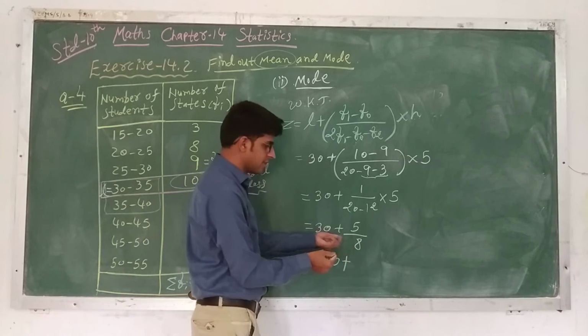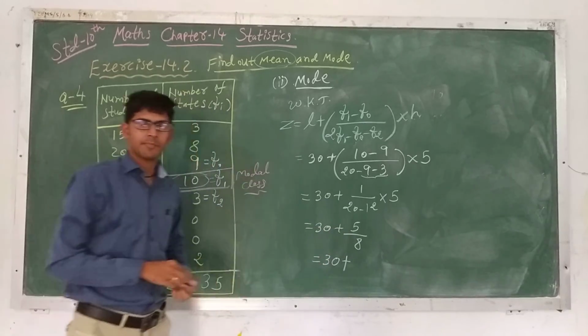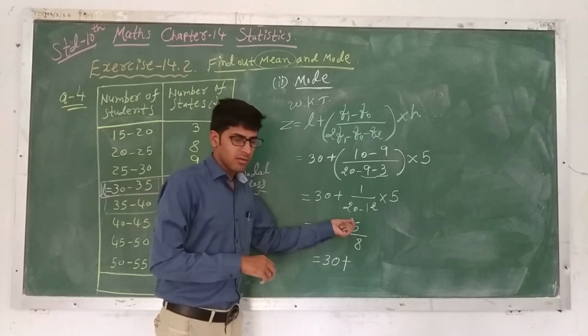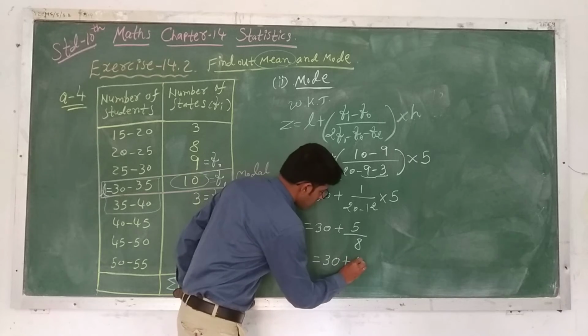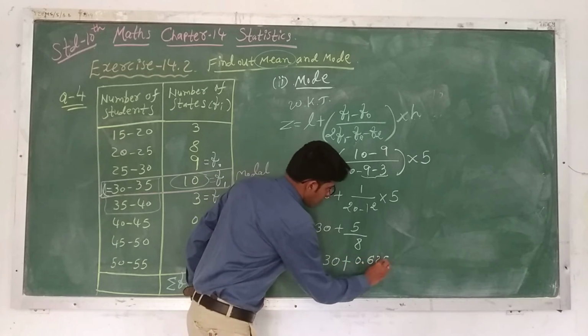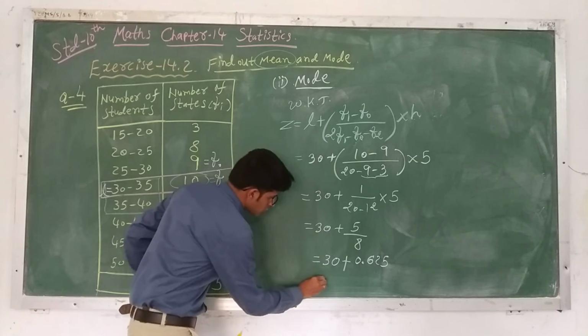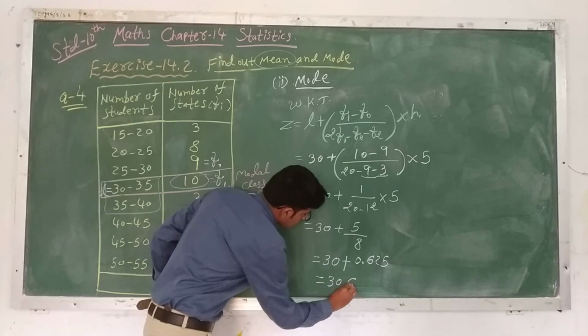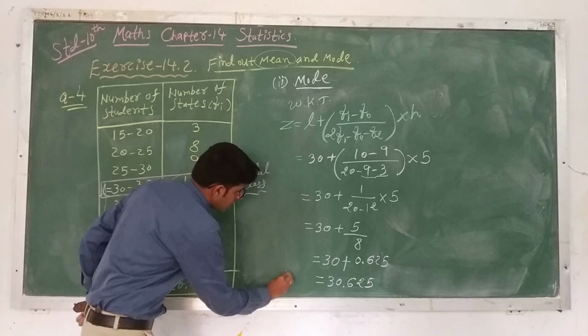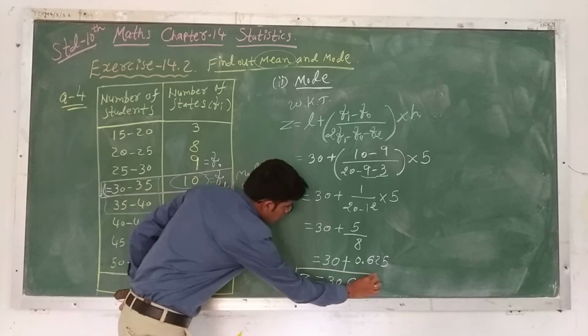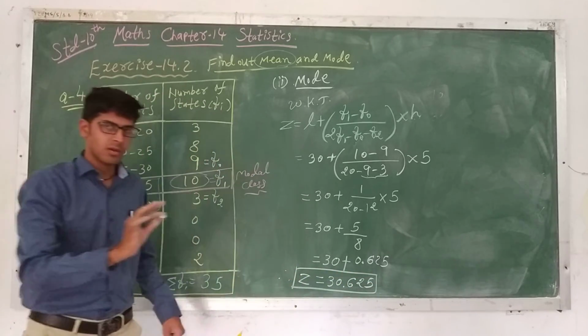Otherwise we can take the LCM, or we divide 5 by 8, which is 0.625. Now adding 30, the answer will be 30.625. Therefore Z is equal to 30.625. Is it clear?